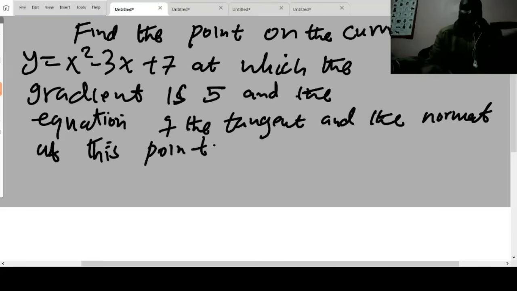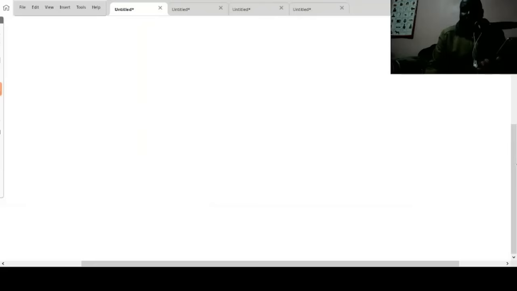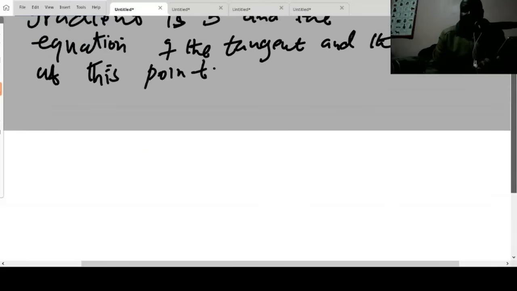So here we have work to do. We need to get the point. After getting the point, because we have the gradient, we are going to use the point to find the equation of the tangent and the equation of the normal. The equation of the point should be very simple and fine now. So let me take you through that very fast.